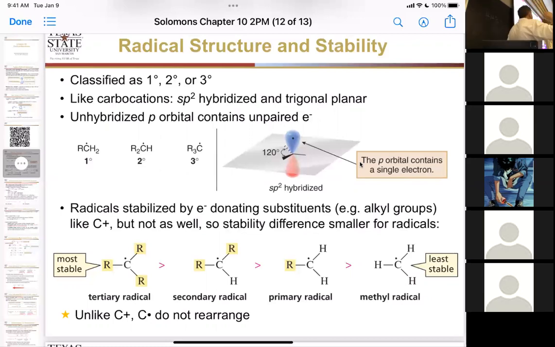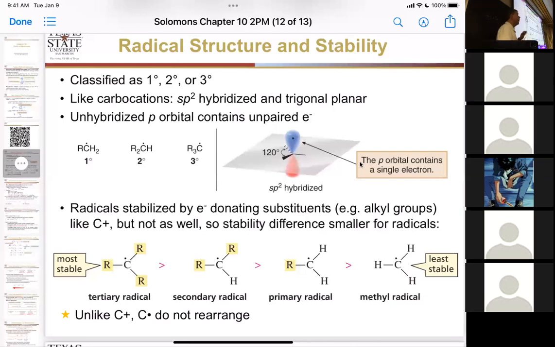In a radical, we have an sp2 hybridized carbon with an unhybridized p orbital with 1 electron in it. So it can be in the top or the bottom. In fact, it's half the time at the top, half the time at the bottom. Okay. So in this case, it's going to trend with carbocation stability, making tertiaries more stable than secondaries, which are more stable than primaries and methyl groups.